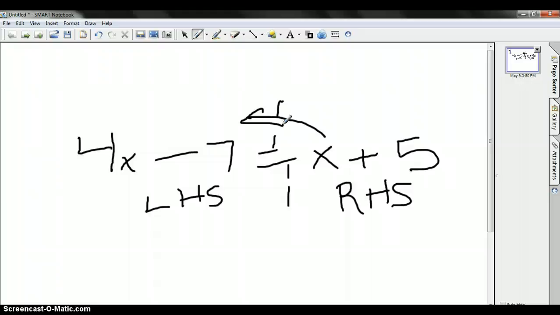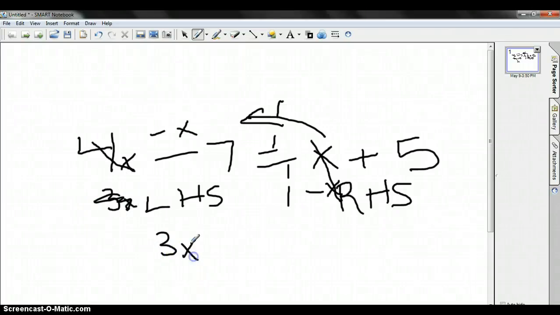Eventually you're going to have to subtract this x from one side, which will cancel it out, and when you subtract it from one side, you also subtract it from the other side. What you do to one side, you do to the other. And this 4x is going to turn into 3x.